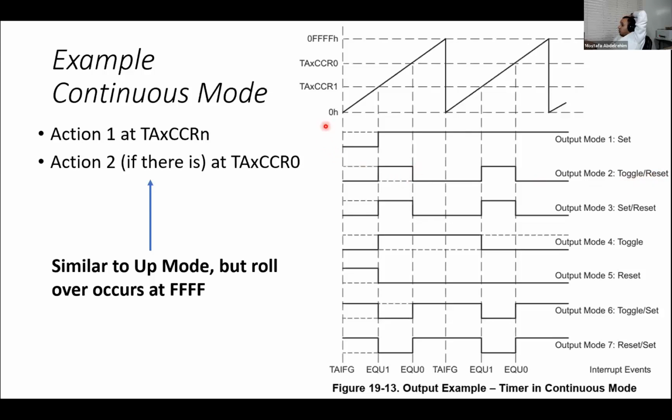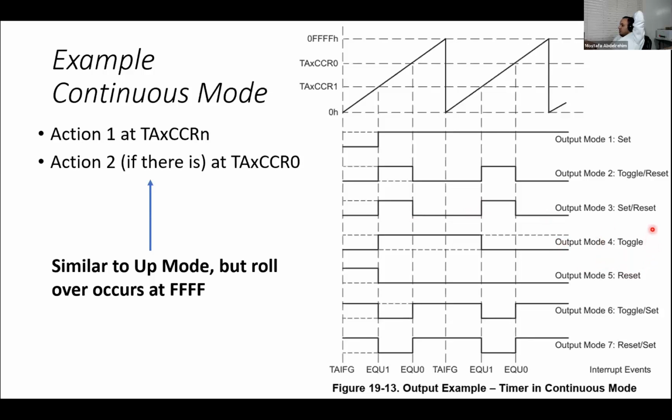Toggle reset. So we toggle upon reaching CCR1 from 0 to 1, for example. If the start was 1, we will go to 0, the opposite. Then here we reached CCR0, then we reset. Here we will toggle from 0 to 1, then reset. Then set reset, set with CCR1, reset with CCR0, and so on.